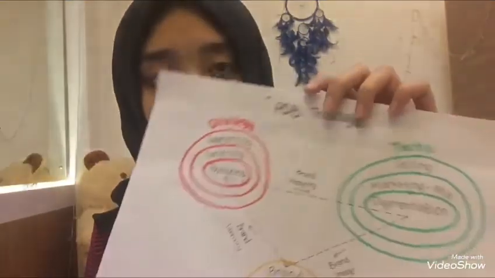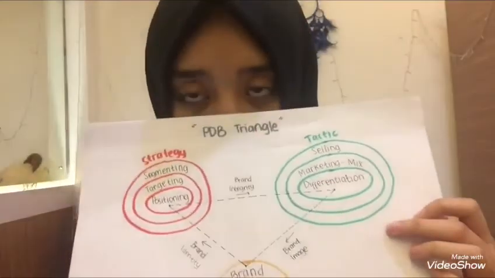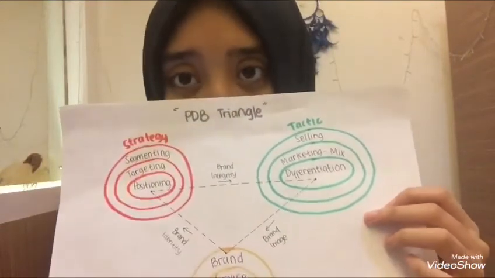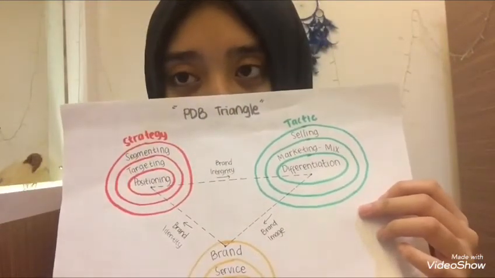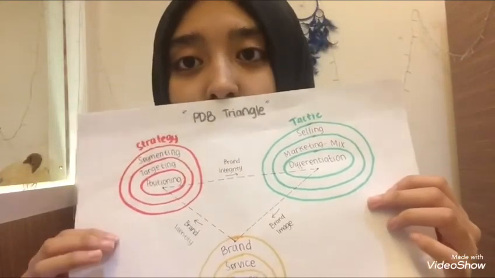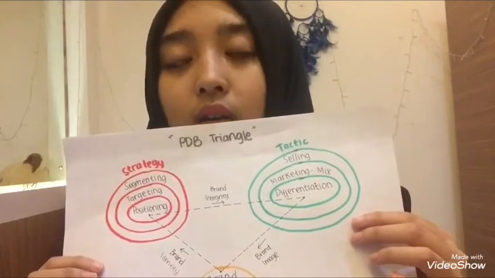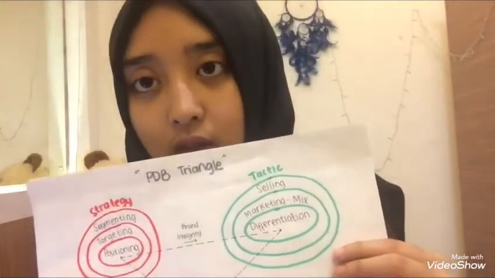Because of that, the PDB triangle is so important to marketing and for marketers to use exactly for the product, company, or anything in the company. Because of that, PDB is so important.